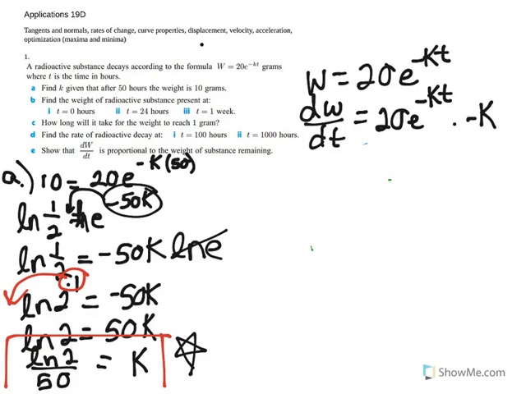Derivative of t is 1, so it's just the multiplier. So I'm now going to substitute in that k, just because it was kind of messy and I didn't want to do that right away. So that's 20 e to the negative natural log of 2 over 50 times t, and then that's multiplied by the opposite of the natural log of 2 over 50.